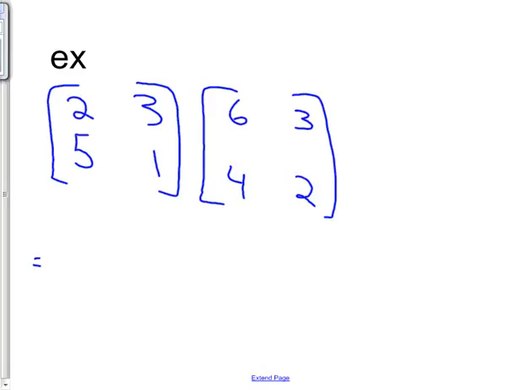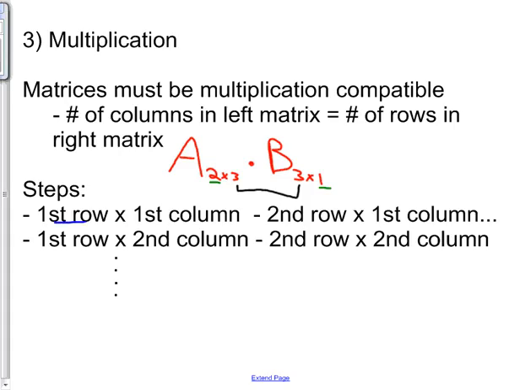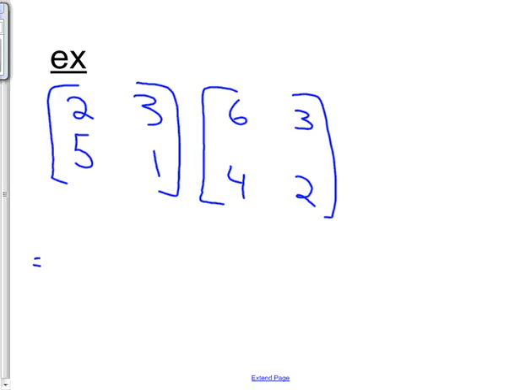this little part here, this first row, first column part. What I mean by that is we take all the entries in the first row and multiply them by the entries in the first column. We're going to take the 2, and multiply that by 6. This is the first one in this row, this is the first one in this column. Then what we do is we add it to the other 2 multiplied together.